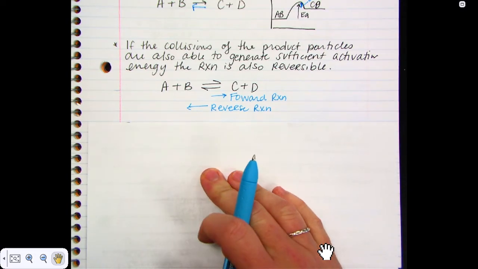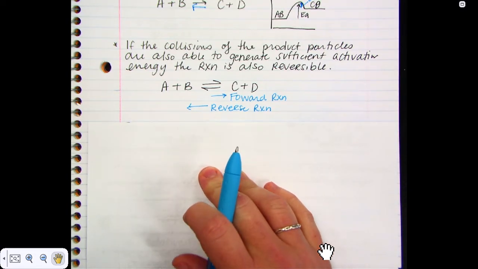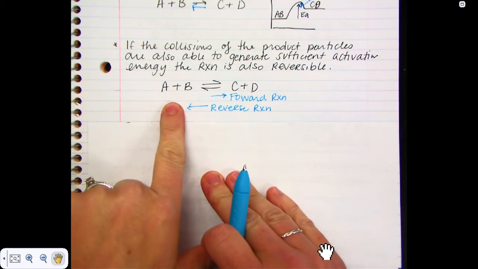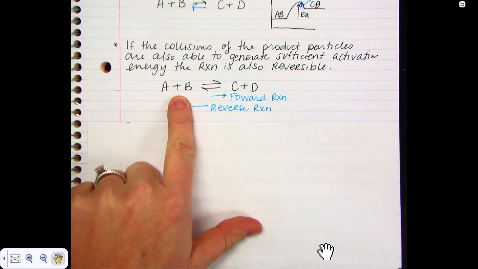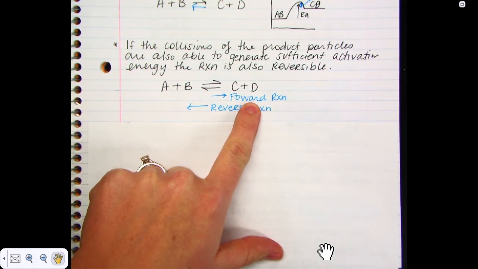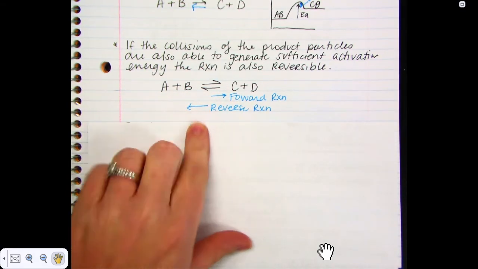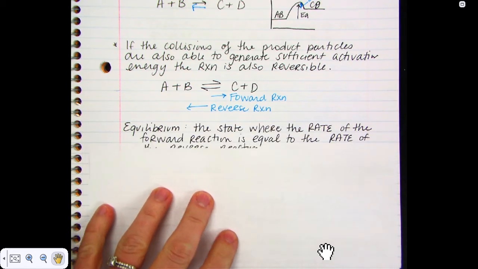And as the reversible reaction takes place, if the rate of the forward reaction, meaning the time it takes for A and B to produce C and D, equals the rate of the reverse reaction, C and D turning back into A and B, we can reach a state of equilibrium.